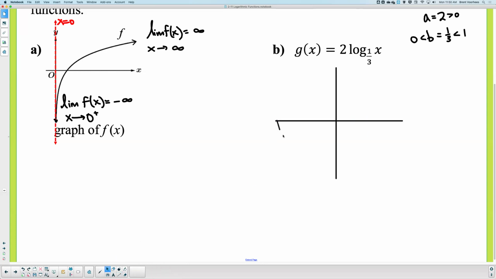There's my x and y axis. I'm going to put y equals g of x. Okay, this is a logarithmic decay, we said. So if it's a decay, we need to have a graph that decreases as we go from the left to the right. Like that.